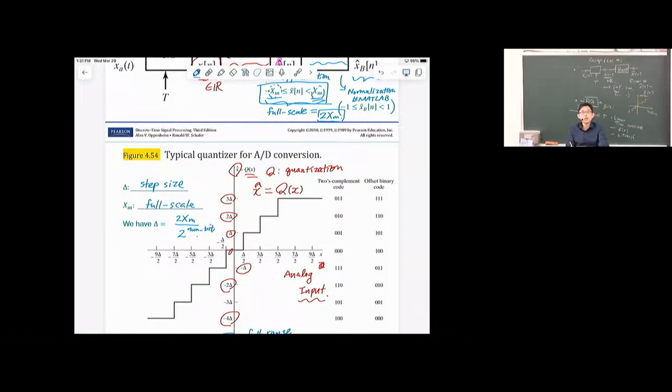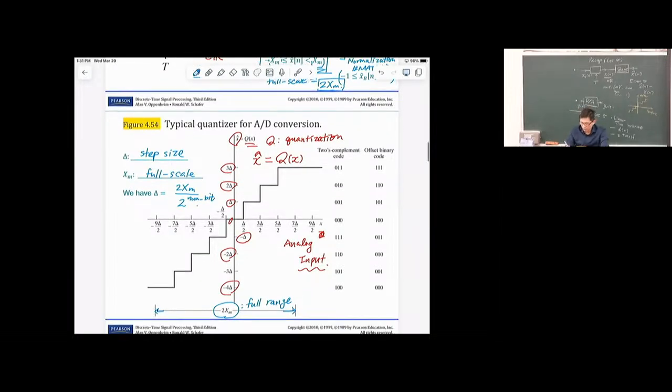So delta equals the full range divided by 8, 8 being 2 to the 3rd power. Is that clear? Okay. So this is a kind of important simple fact which defines our parameters and their relation. Delta is simply the full range divided by the number of steps, right? And the number of steps is equal to 2 to the 3rd power. So far so good. It's pretty easy.